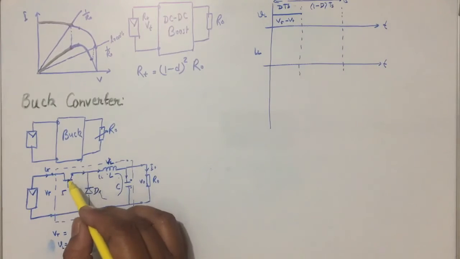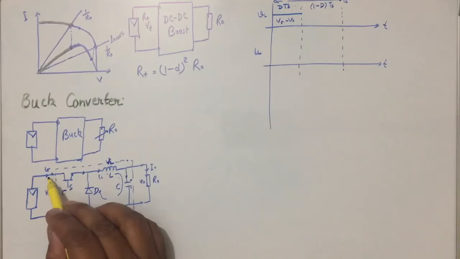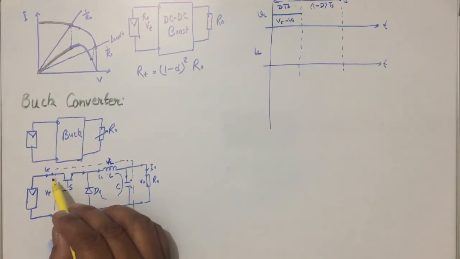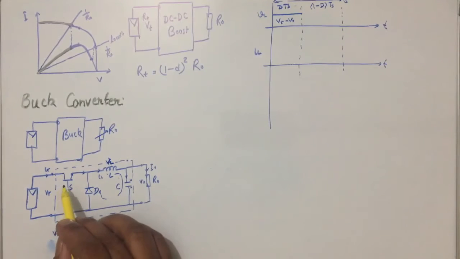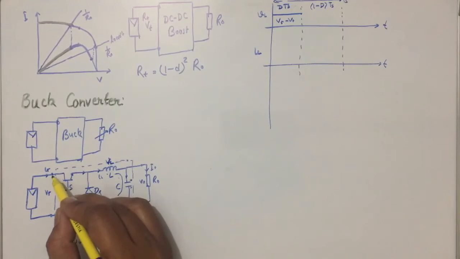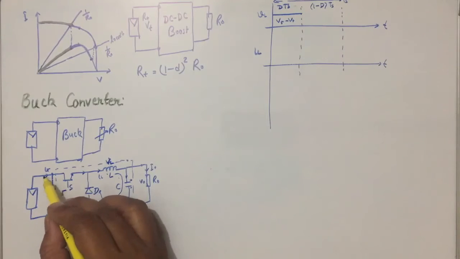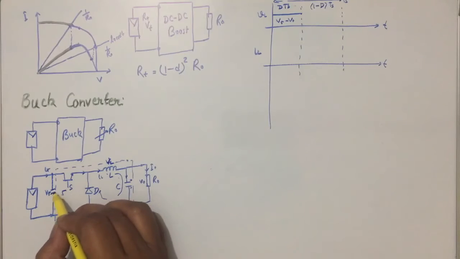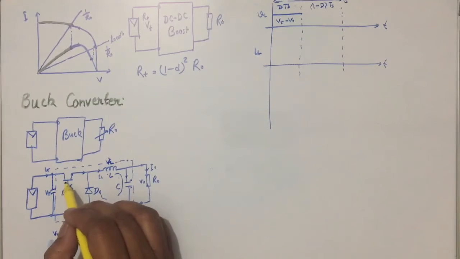However, once it is off, the IT current doesn't have a path, and it must not break at any value. So for that purpose it becomes mandatory to give it an alternative path, and for that purpose a capacitor is mandatory here to store the energy when the switch is off. So IT now has a path from here to charge it when it is off.